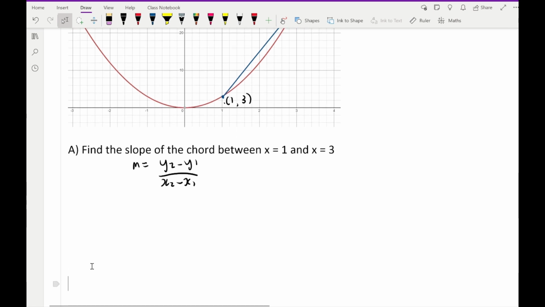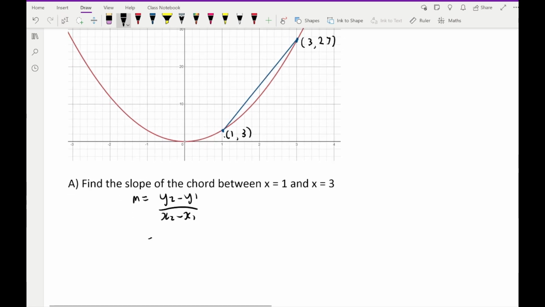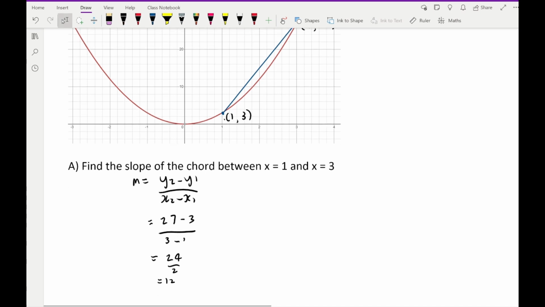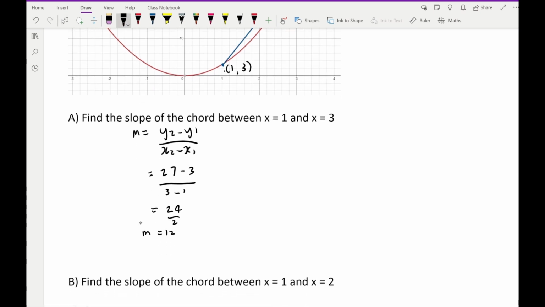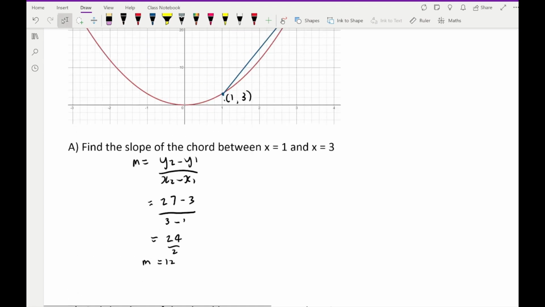And then we just sub in the points. So y2 would be 27, y1 would be 3, x2 would be 3, and x1 would be 1. This becomes 24 over 2, or 12.